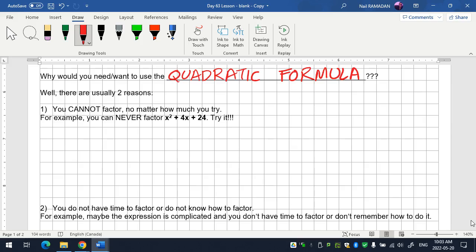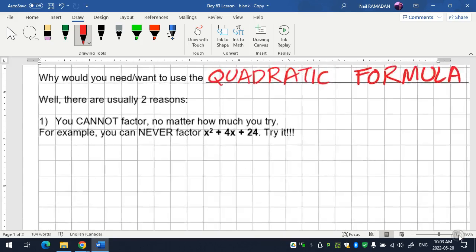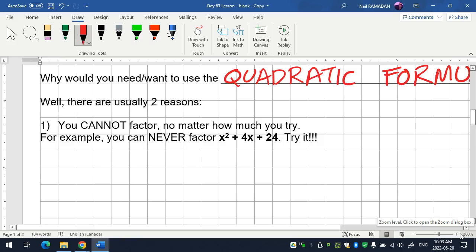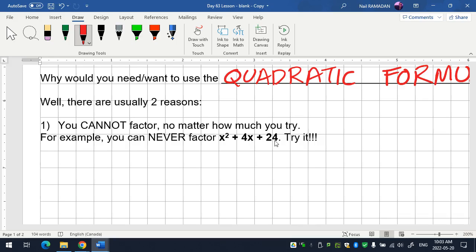Do you remember how we factor a simple trinomial? By the way, this is a simple trinomial. Can someone tell me what makes this a simple trinomial? This is standard form. There's a one at the beginning. Everyone, if there's a one here, that makes it a simple trinomial. So add a one if you can.